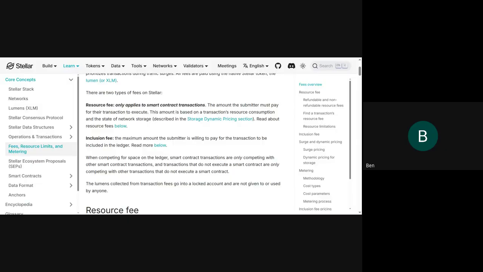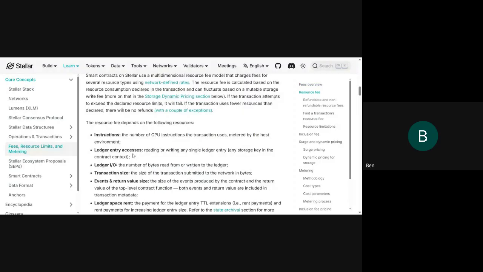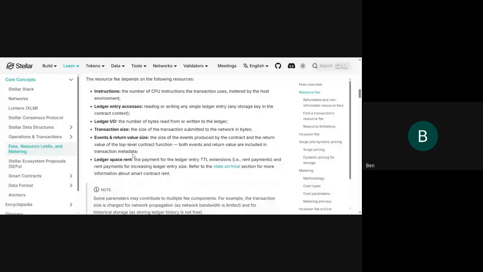So this fee includes, let's see what this resource fee depends on: the instructions, so the number of CPU instructions the transaction uses, metered by the host environment.